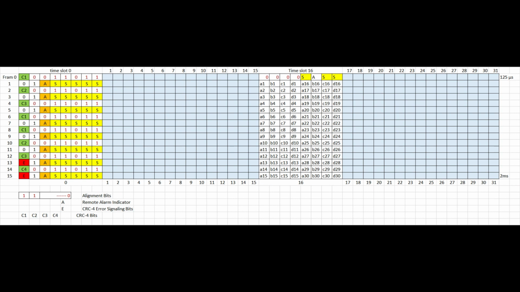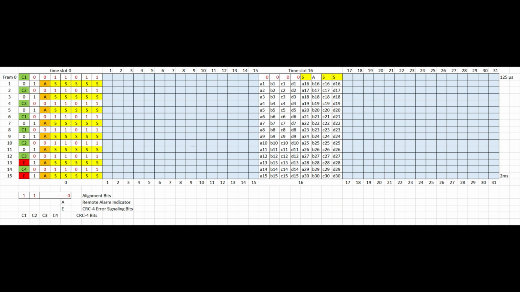So 1 E1 has 32 time slots, or we can call it 32 channels, and one time slot is 64 kbps. Time slot 0 is for synchronization, and time slot 16 is for signaling.